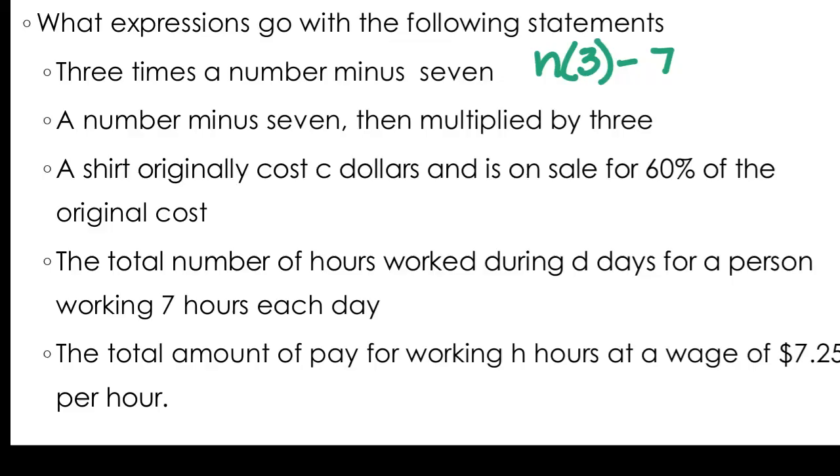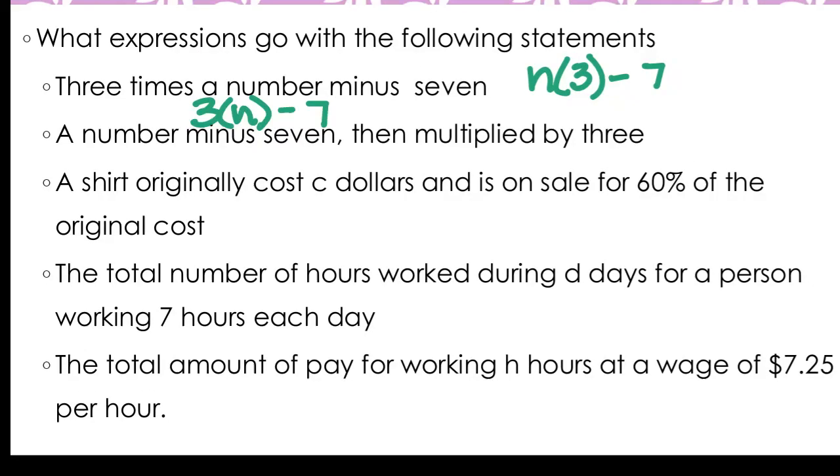Anybody else got something slightly different, but maybe the same, or maybe totally different? Yes. I put 3 parentheses A. Now, is the parenthesis at the end of N or at the end of 7? Okay. All right. Anybody have something slightly different from that? So, Jean. 3x minus 7. Okay.